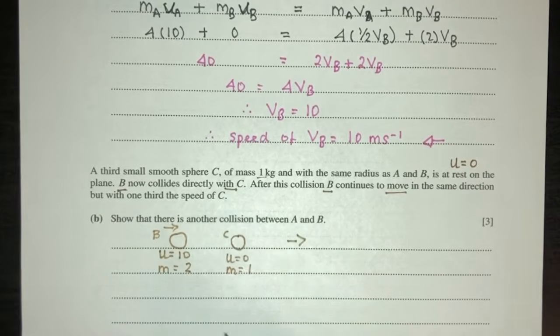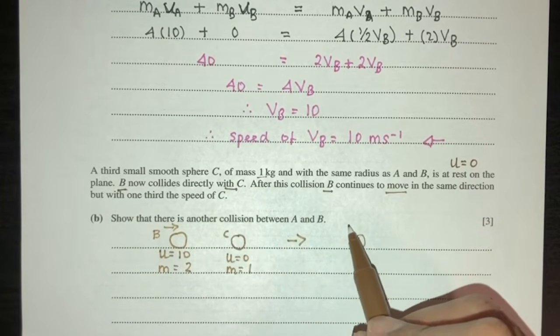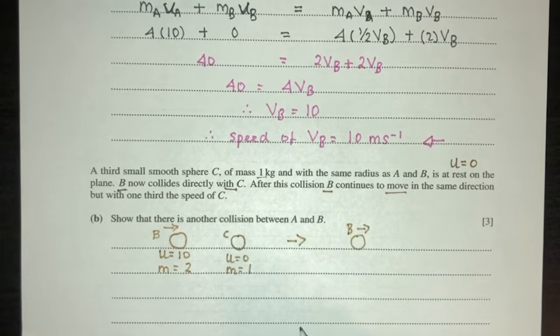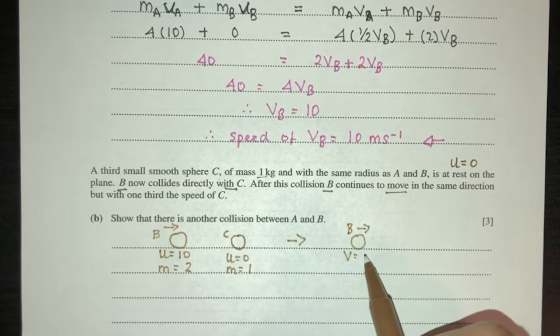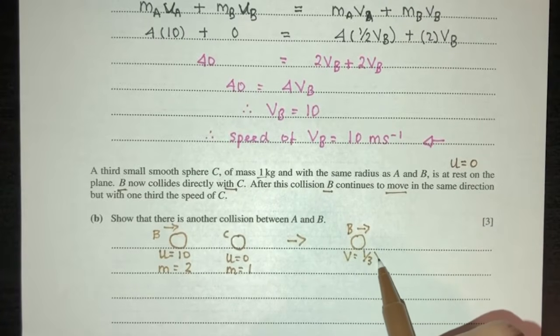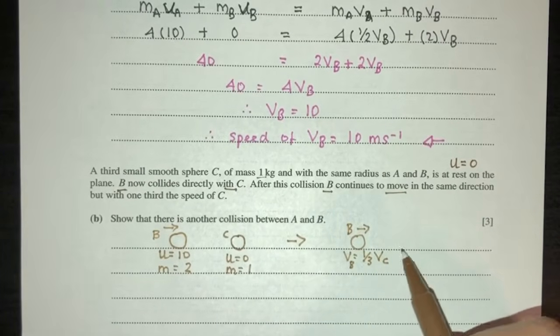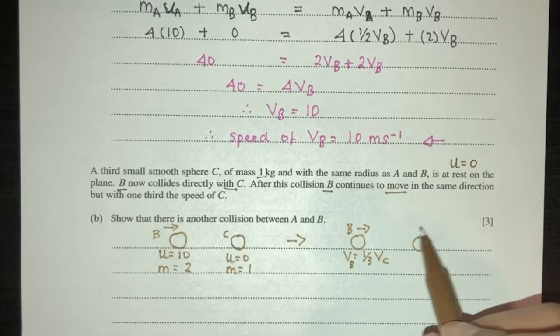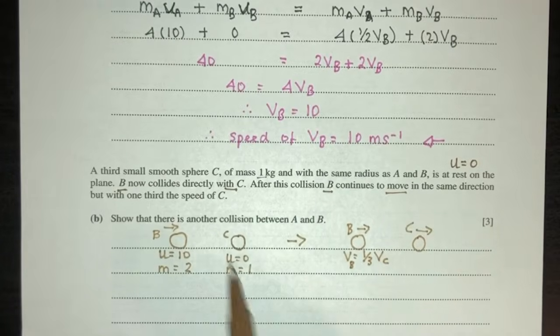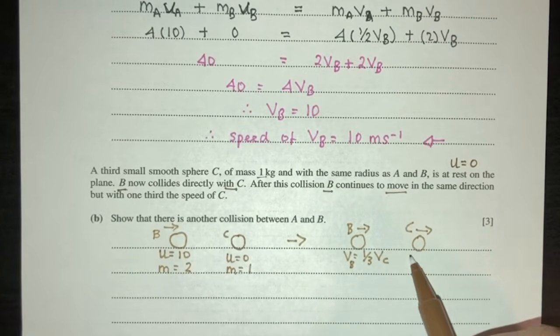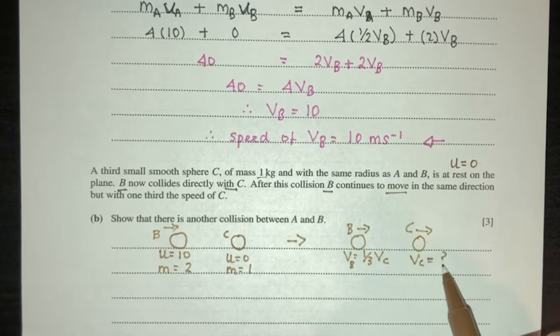After they hit each other, B continues in the same direction, but its speed now is 1/3 of the speed of C. Now C moves in this direction, but we have the speed of C that we don't know. We need to find that.